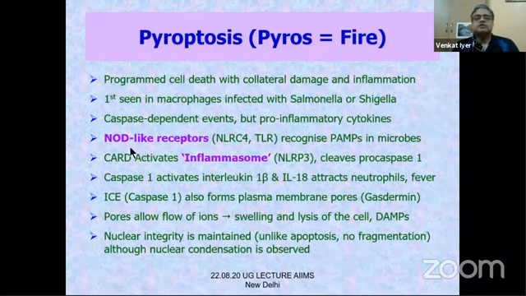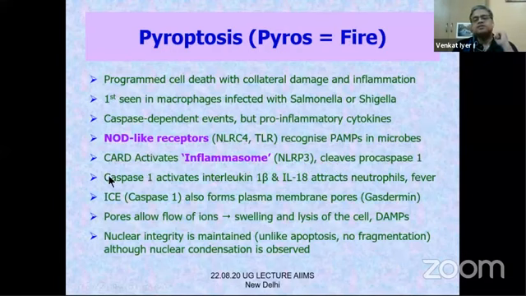There is presence of NOD-like receptors and toll-like receptors, which are pattern recognition receptors, which recognize this salmonella or other PAMPs or pathogen-associated molecular patterns in microbes, and a CARD domain is there which activates an inflammasome. The inflammasome, like the apoptosome, is a complex assembled protein structure, also called the NLRP3, which cleaves procaspase 1.